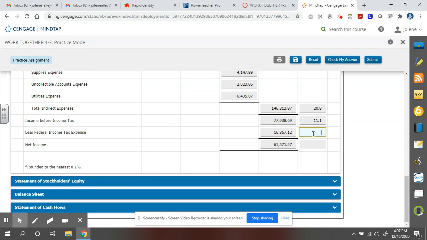Come down here, and that is 2.3% of net sales goes to taxes, federal income tax.